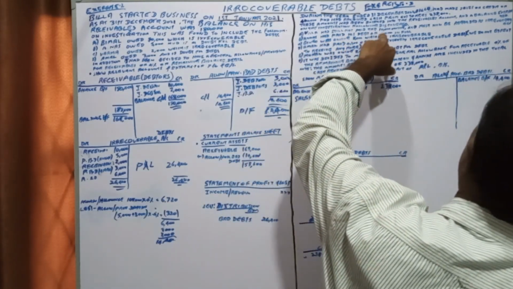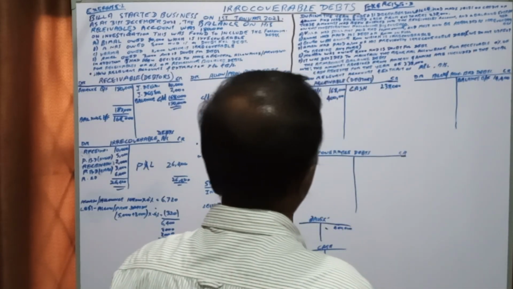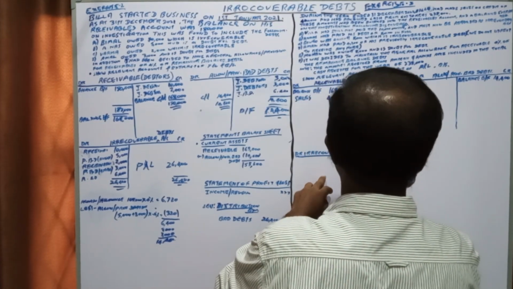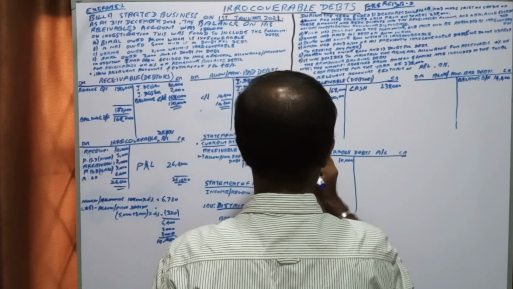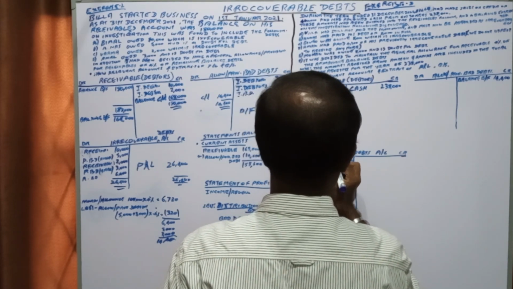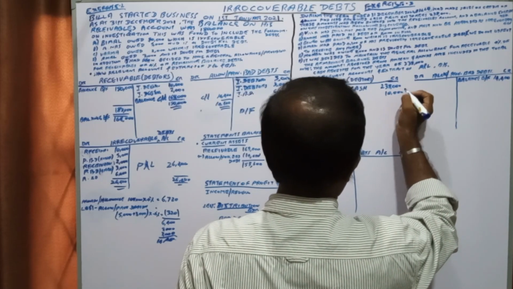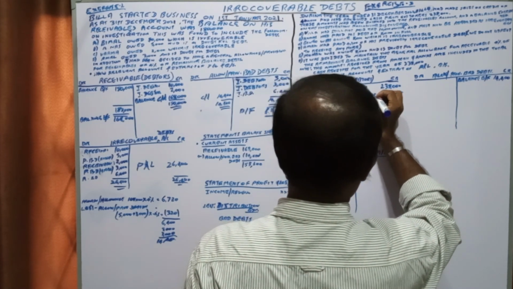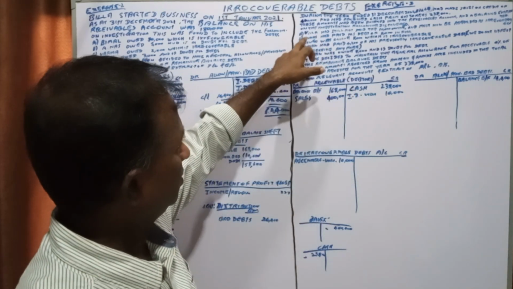Then irrecoverable means the irrecoverable debts account is debited 10,000, and the receivable account, Billa, is credited with 10,000, meaning irrecoverable debtors. A simple double entry.